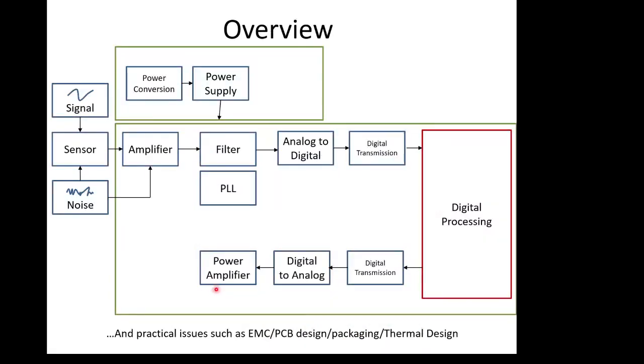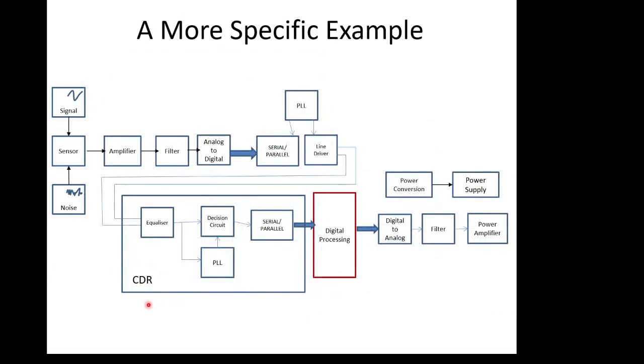So hopefully at the end of this, you'll have a good idea of how electronic systems are put together with both analog and digital signals, and you've got a good idea how to prepare signals and systems for onward digital processing, and we understand the interface between the two. So there's a more specific example if you want to look at block diagrams for a clock data recovery system in things like CD players, as they were.